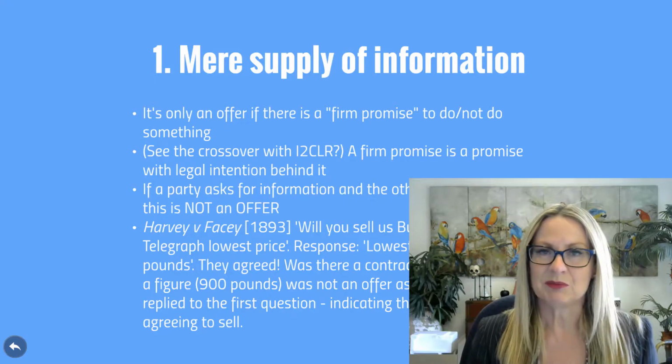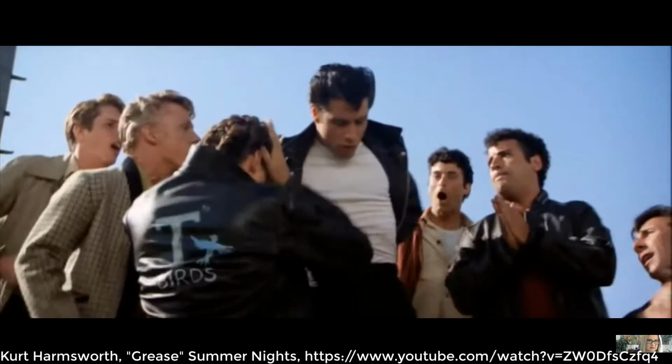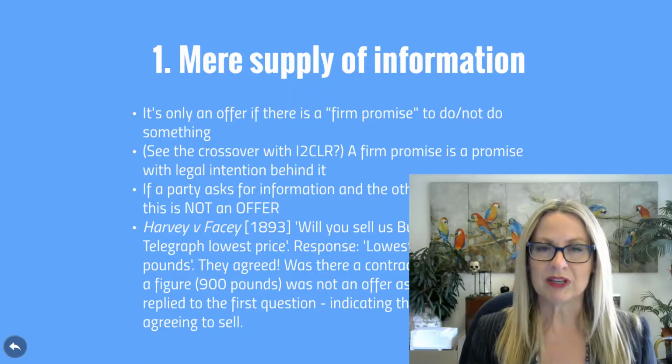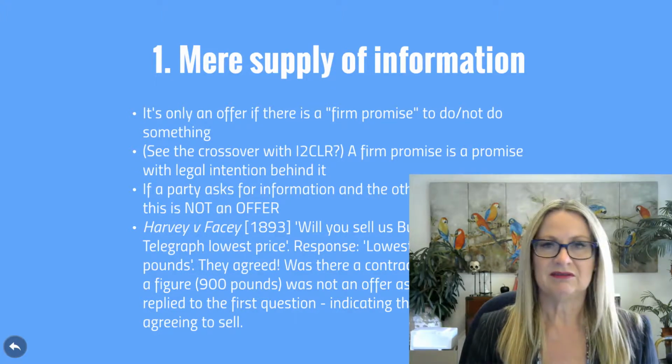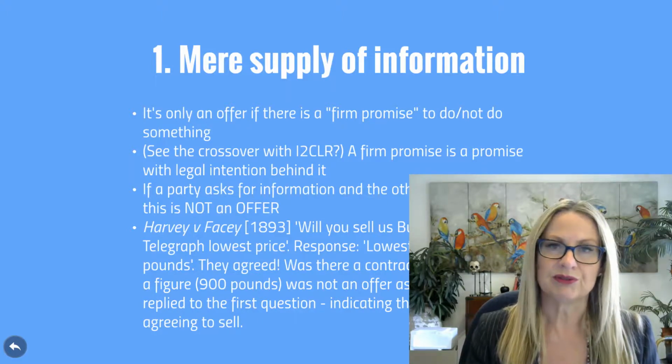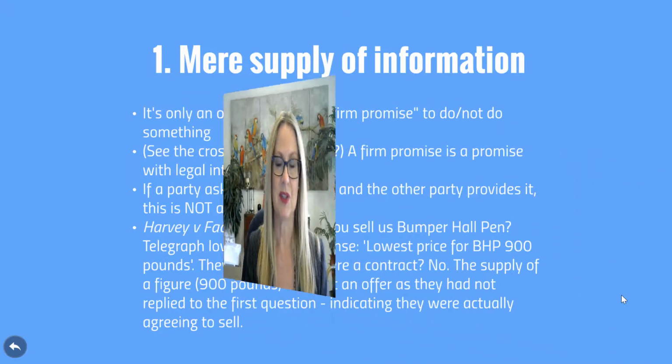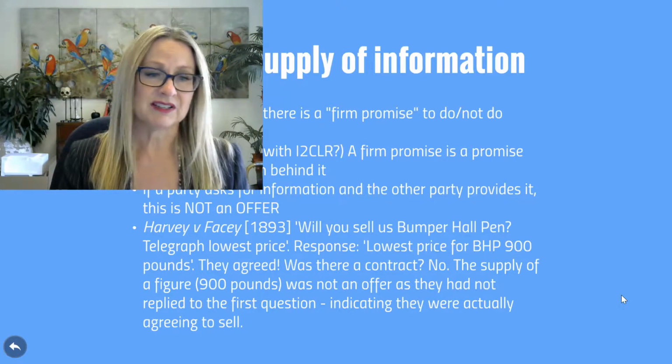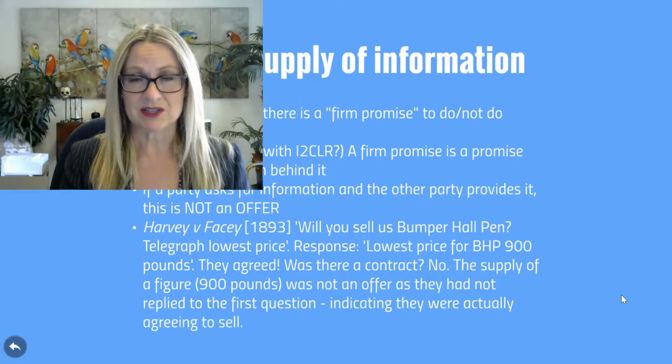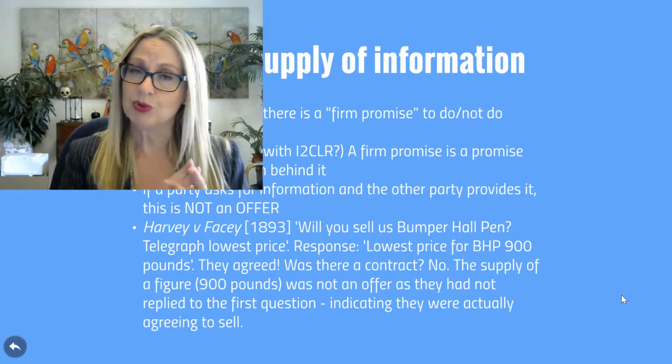If a party is just simply saying, please tell me more, give me more information, then the other party provides it, that's not going to be an offer capable of acceptance. And Harvey v Facey is just one example of that. So the inquiry was two-pronged.